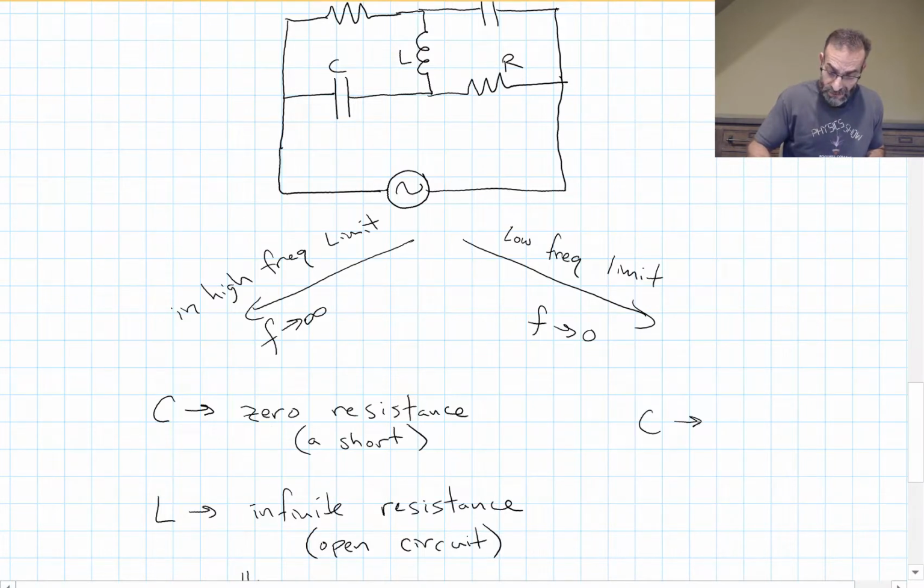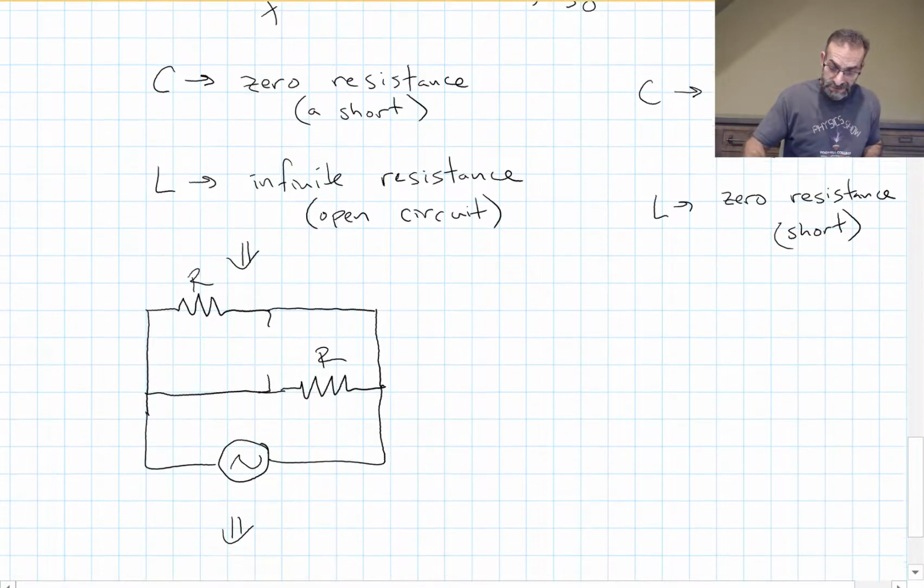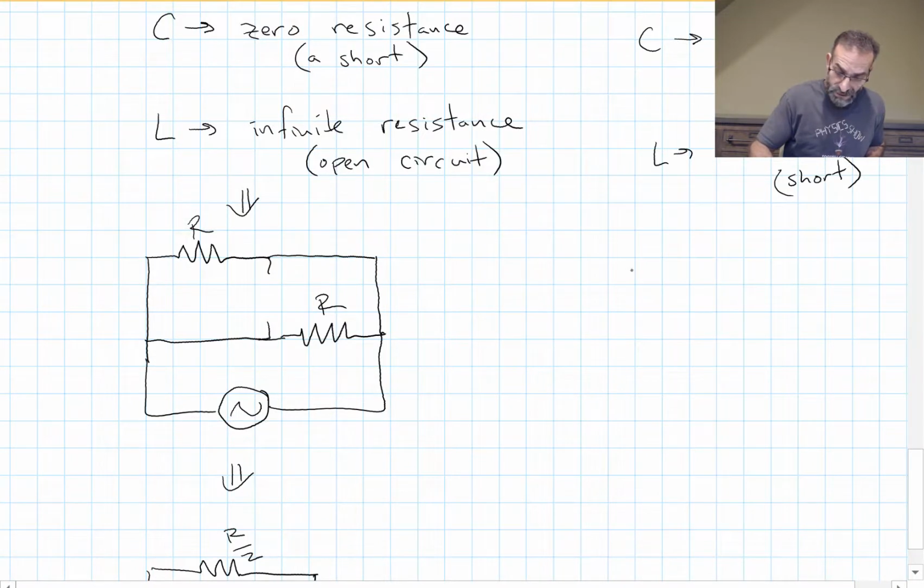Our capacitor now looks like it has infinite resistance, and our inductor acts as a short. So we can redraw this circuit. The resistors still look the same.